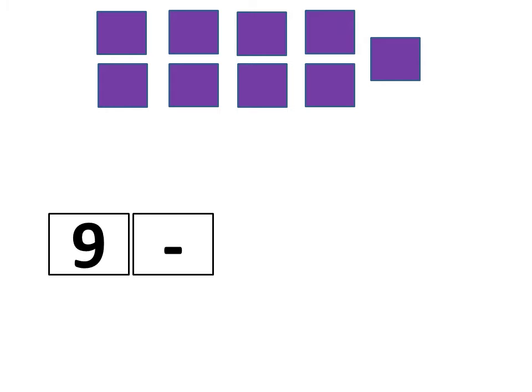Count the squares. How many squares can you see? We have 9 squares minus, or it means we are going to remove 6 squares.